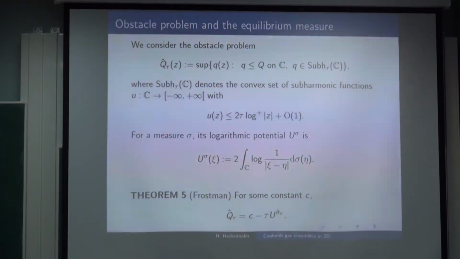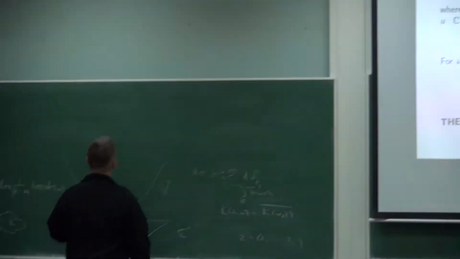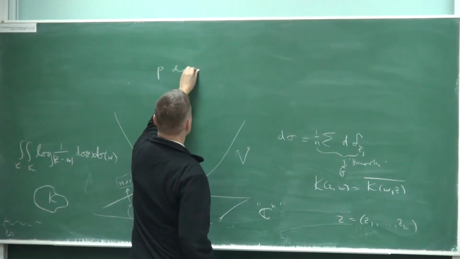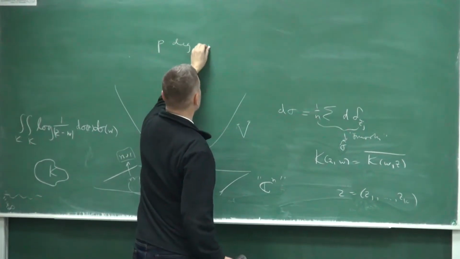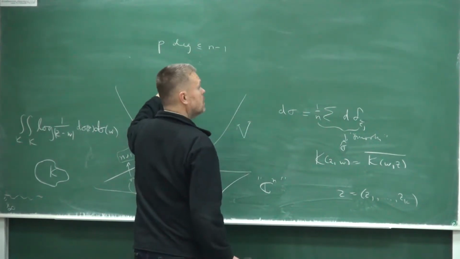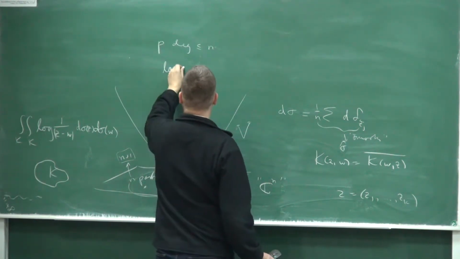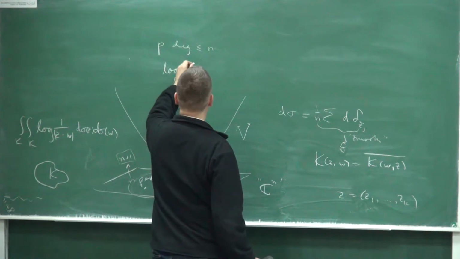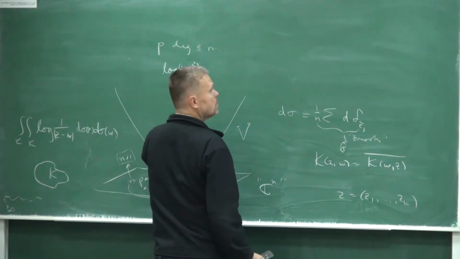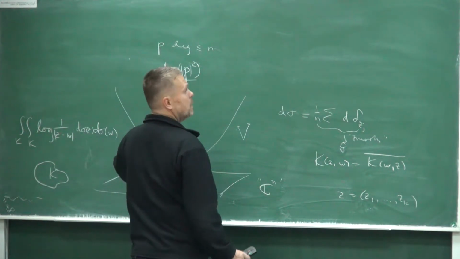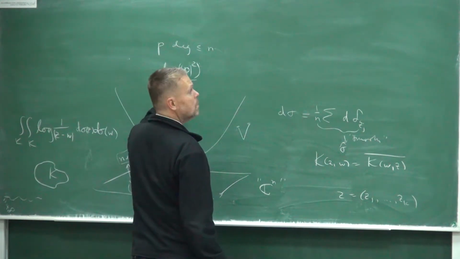Okay, where would you get such a class of functions? Take a polynomial of degree less than or equal to, let's say, n minus 1, for instance. Then you take log of p squared. And then finally you divide by, what is it?